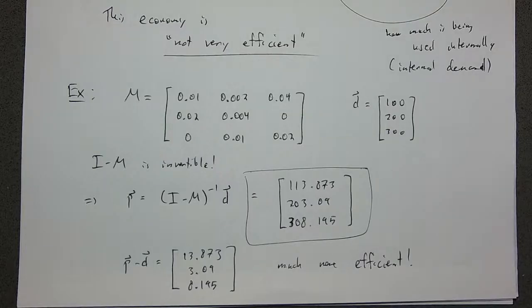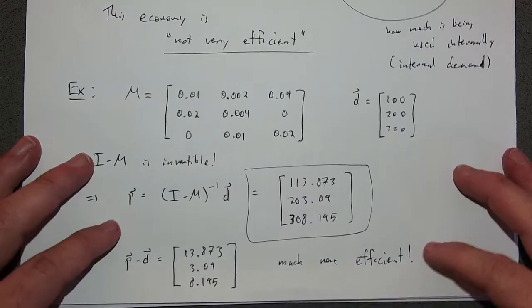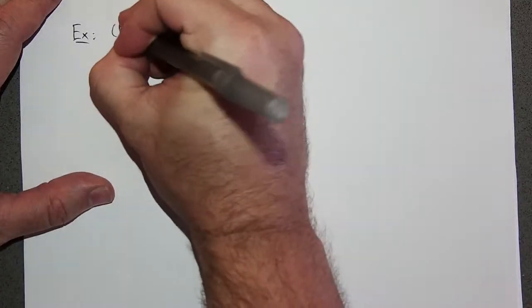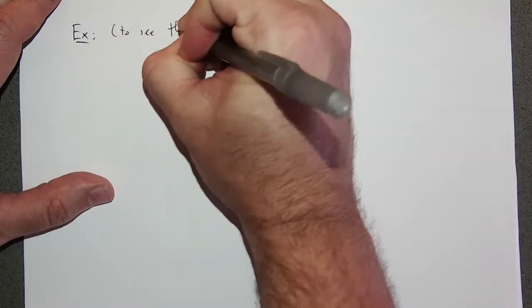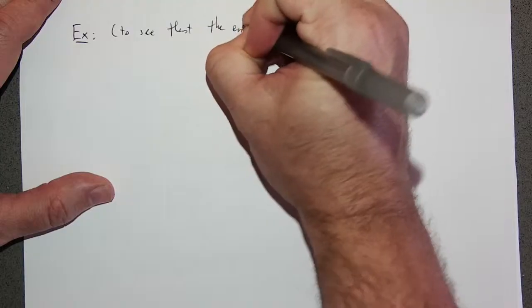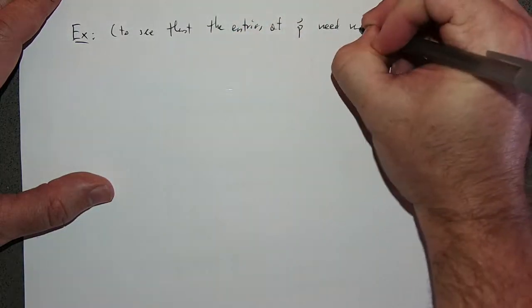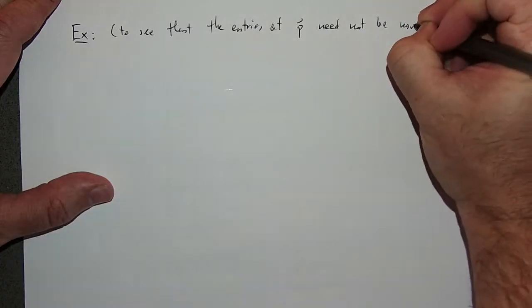This can happen even in a case where you do have some kind of reasonable model. Maybe the first example might not seem as reasonable, and then I'll give you a second one. So first, here's an example to see that the entries of P need not be non-negative.